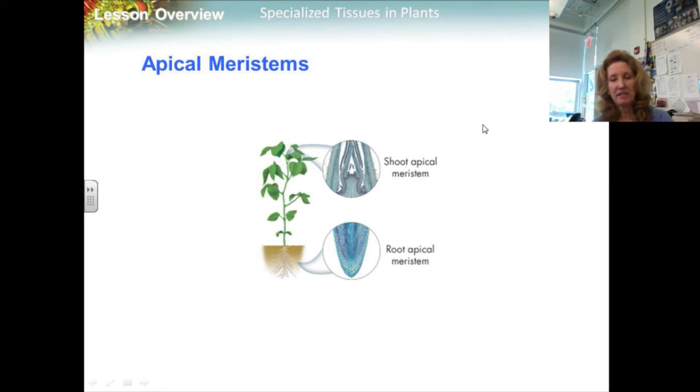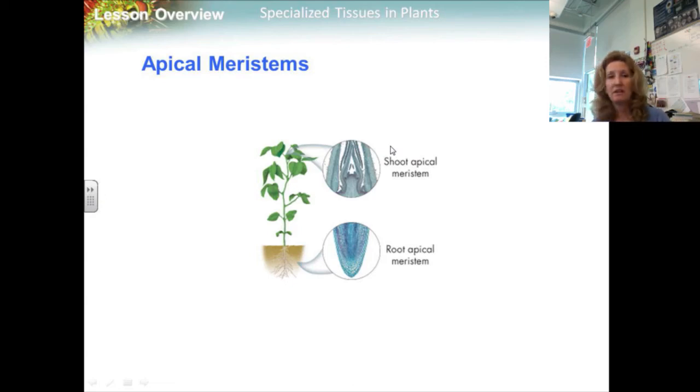Unspecialized cells produced in the apical meristems divide rapidly as stems and roots increase in length. So when you think about meristems and their unspecialized cells, you can think of stem cells. The micrographs in the figure show examples of stem and root apical meristems.